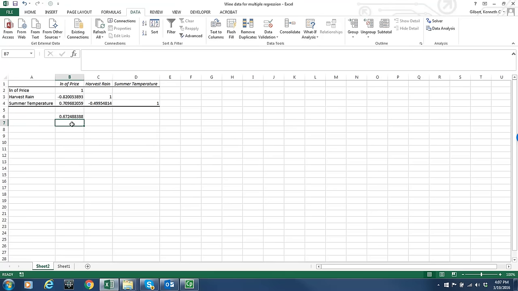And then I look at the other potential input variable, and that's summer temperature, and I could also square that and see what the R squared is there. And that's about 0.5.